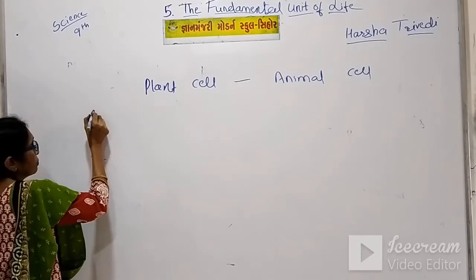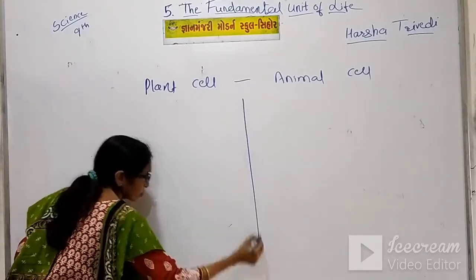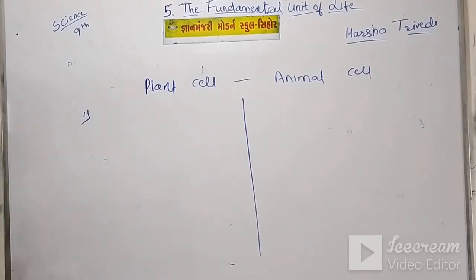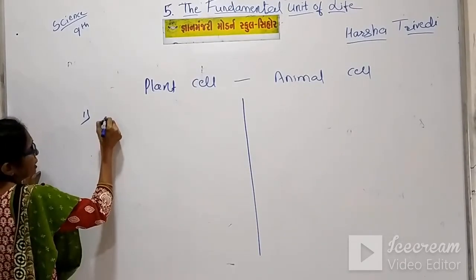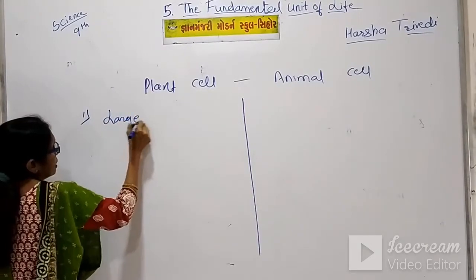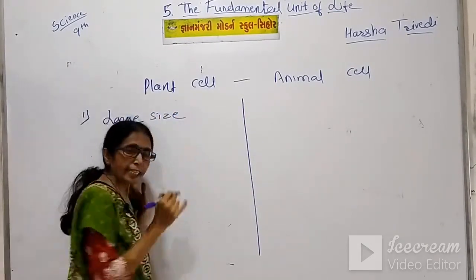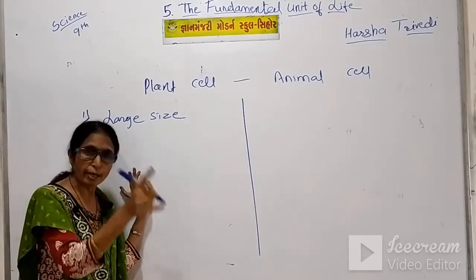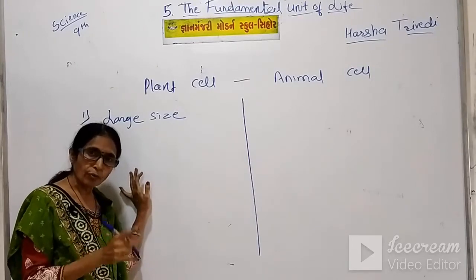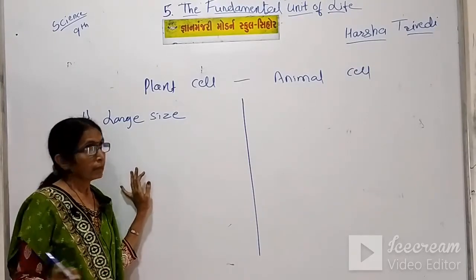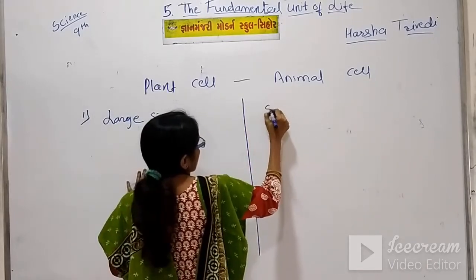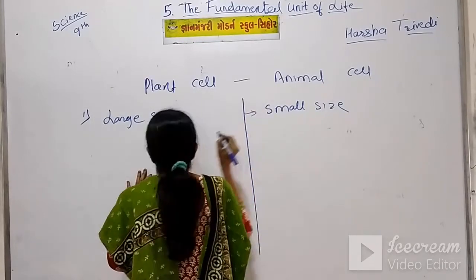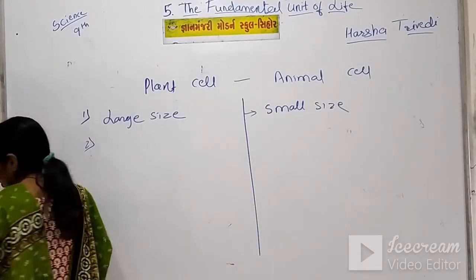So first point, large size for the plant cell. Here I am writing only point wise. You have to make full sentences while writing in the notebook, also while writing in the homework and also for the exam. Large size, small size. The size of the plant cell is large and here the size is small.